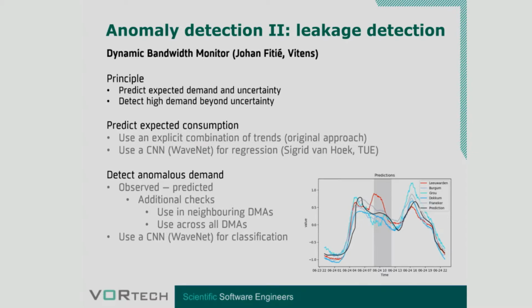One thing that could happen is that the demand in one DMA, district metered area, is large, and in the neighboring one it's smaller. And then that indicates that there's some delivery going through the DMA that's not properly measured. But that's not a leakage. So by looking at neighboring DMAs, you can sort out these kinds of non-leakage events.